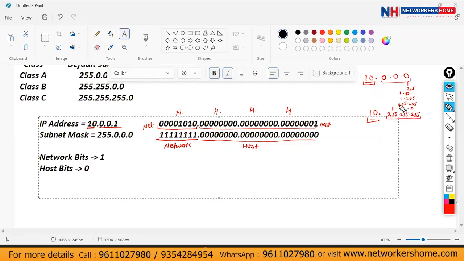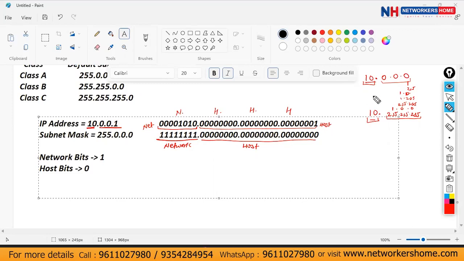This is how you find the network range, how many IP addresses there are, just by looking at the subnet mask. Looking at the subnet mask, we came to know which part is the network, so we keep the network part constant. If you change the host part to 0, the minimum, that will be the first address, and if you change the host part to maximum, that will be the last address. All the addresses in between belong to that particular network.